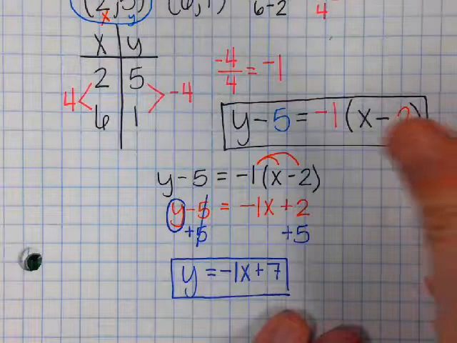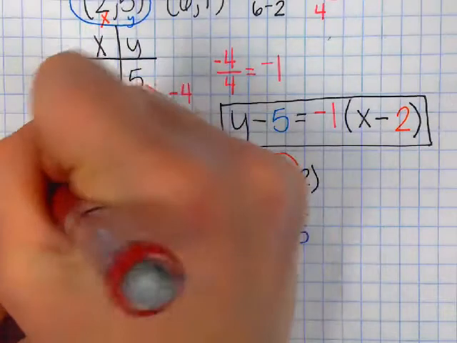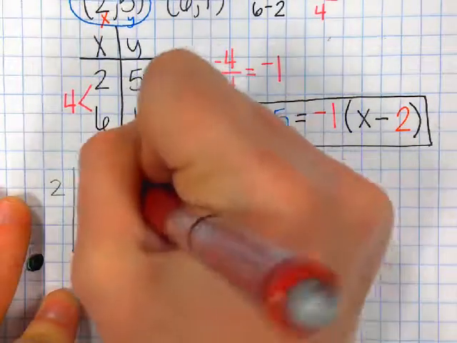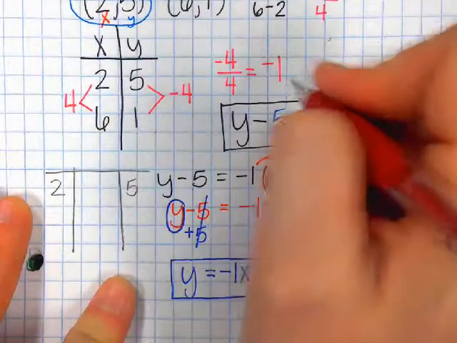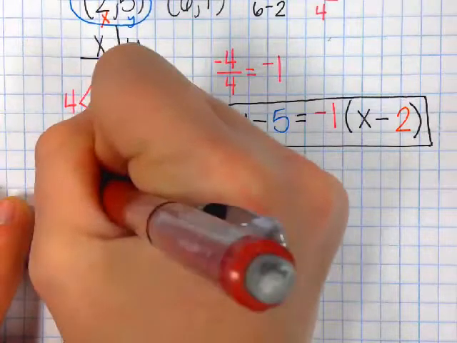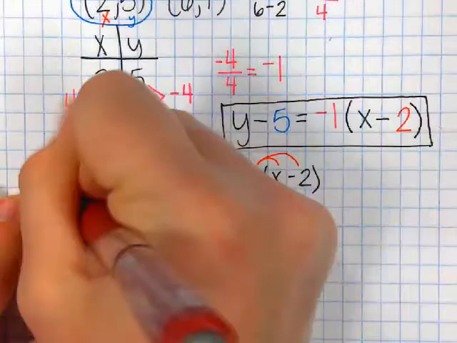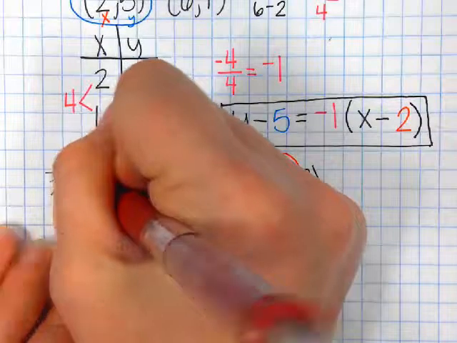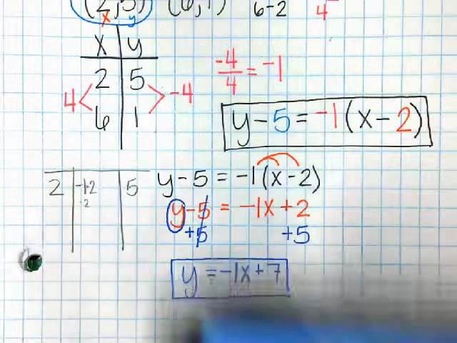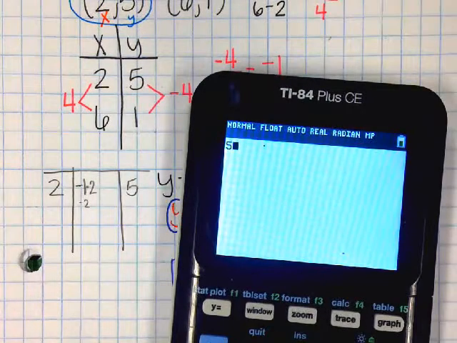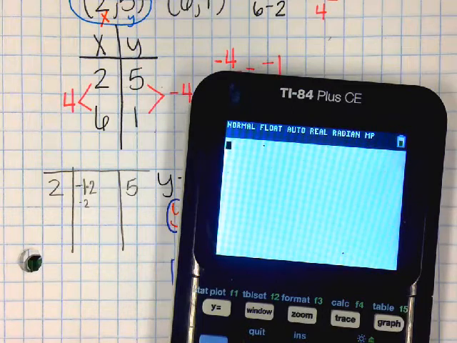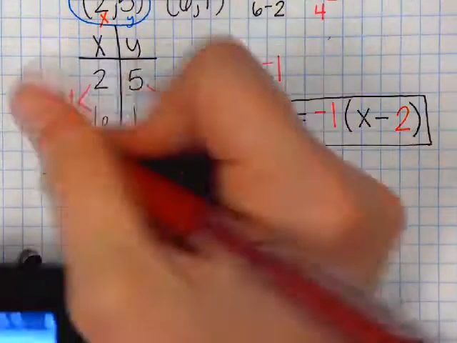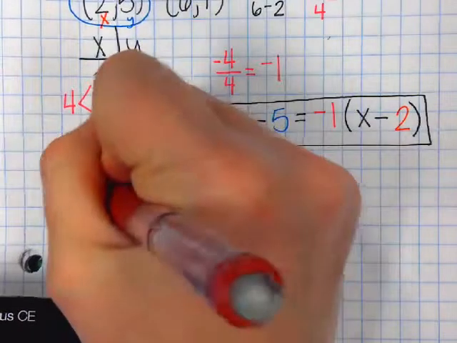I'm going to go ahead and just use the process column just so that you can see it over here. So 2 to 5. We said the slope was negative 1, so it'd be negative 1 times 2, which is negative 2. And then plus what, or if you do 5 minus negative 2, sorry, because I forgot the negative, would be 7.